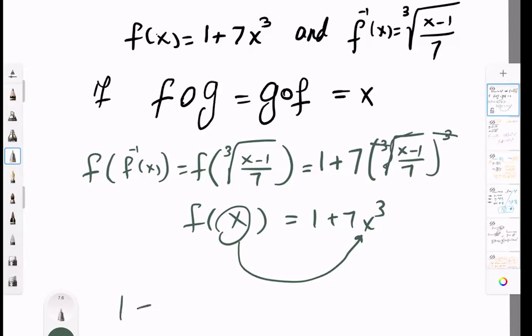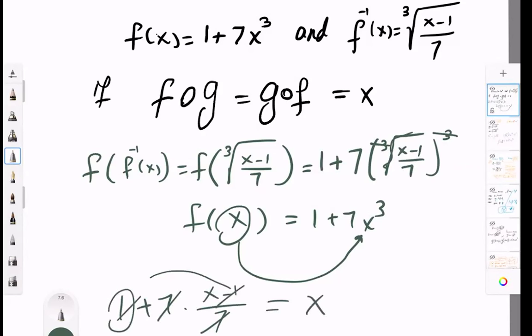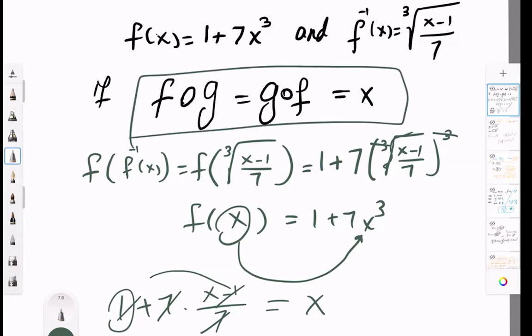We have 1 plus 7 times x minus 1 over 7. 7 and 7 will cancel. 1 minus 1 will go away. You get x by itself. So that's true. So this is a formula to find out if they are inverse of each other.